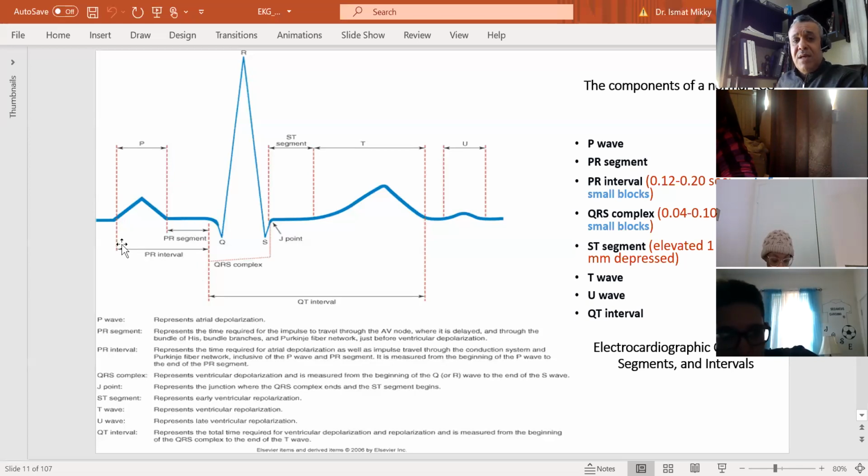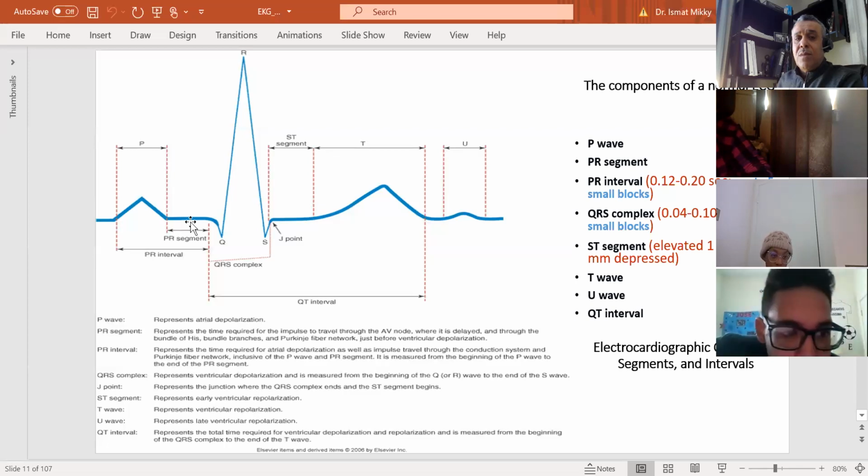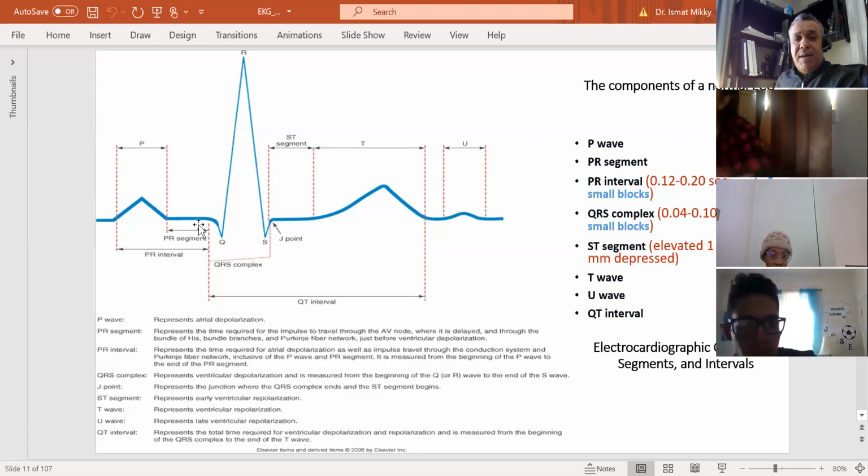So that's the segment, but what we usually measure is the PR interval. That's more important. Professor, you said the PR segment is the end of the P wave to the beginning of what? The PR segment, yes, I said that's the delay.